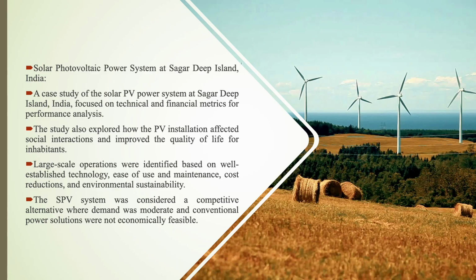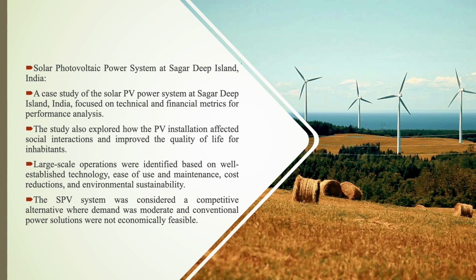And now the solar photovoltaic power system at Sagardeep Island, India. A case study of solar PV system at Sagardeep Island, India focused on the technical financial metric for the performance analysis. The study also explained how the PV installation affected social interaction and improved the quality of life for inhabitants.